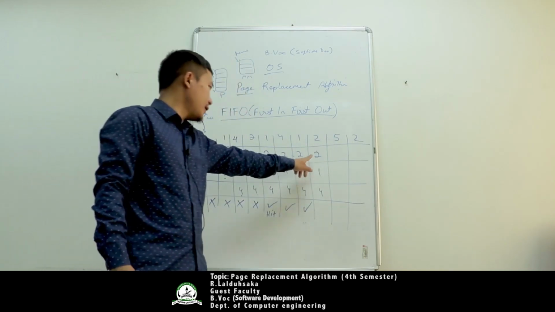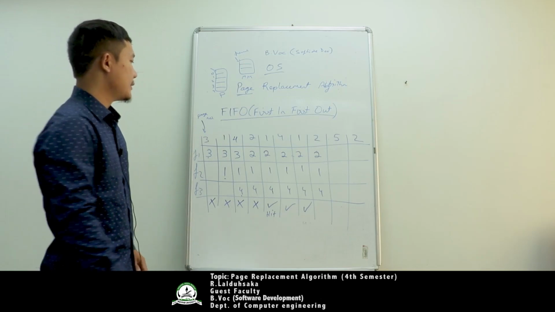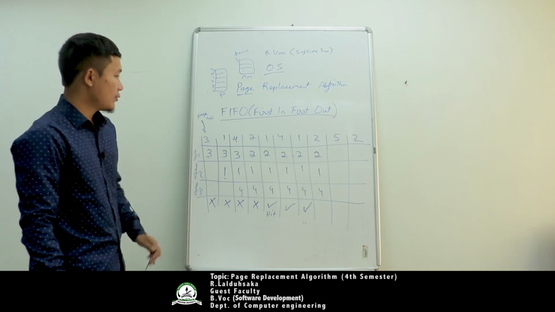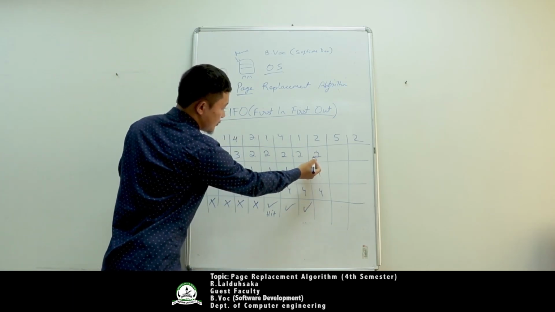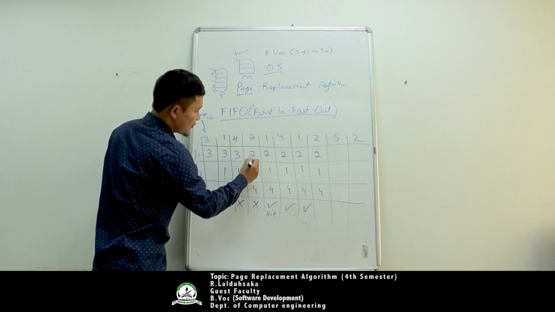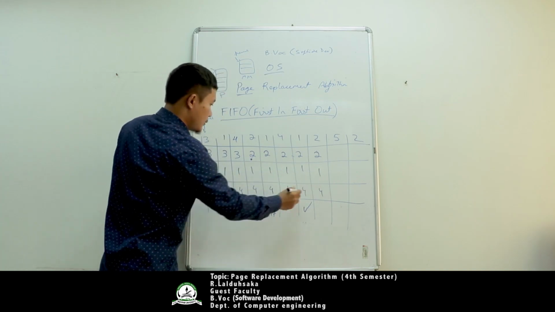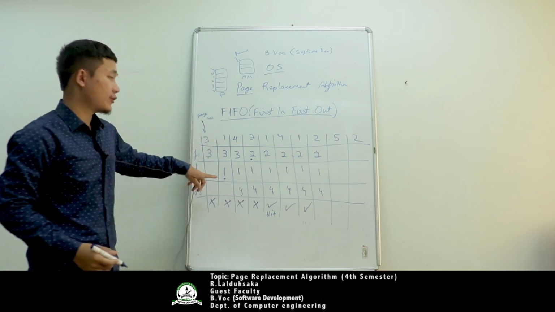There is no 5 in the frames, so we have to replace one of these 3 pages. For that, we will use the first in first out algorithm again. 2 comes here, 1 here, 4 here. So 1 is the first one to come in, so we have to replace 1.